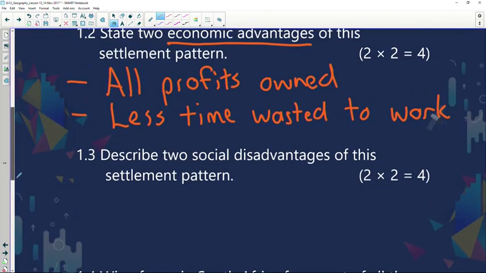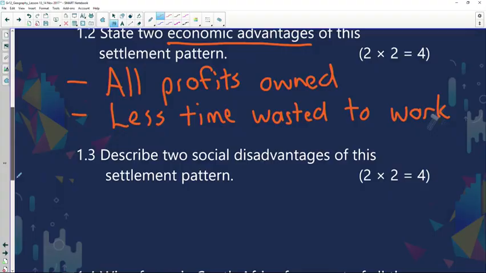So for instance, let's say you've got a normal job, your job is in the CBD. Every single day you need to travel to the CBD and back to your house. For instance, on an isolated farmstead, you wake up and your workplace is right where you basically wake up. So you don't need to travel a great distance to get to work and back.